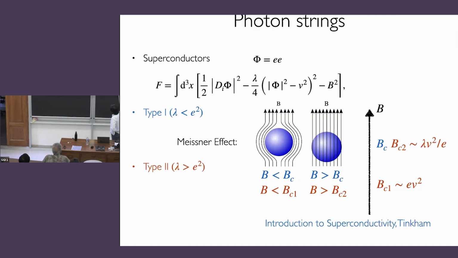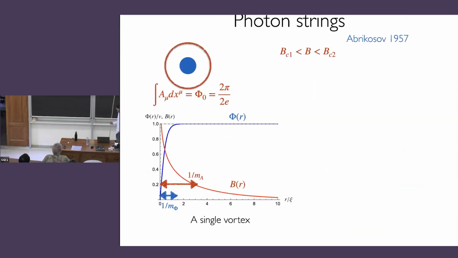But if lambda is bigger than e squared, then there is a gap in between. What happens in between is a very interesting phase of matter, first discovered by Abrikosov in 1957, and hence it is called the Abrikosov vortex or lattice.